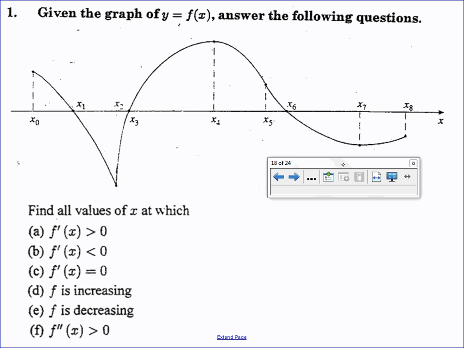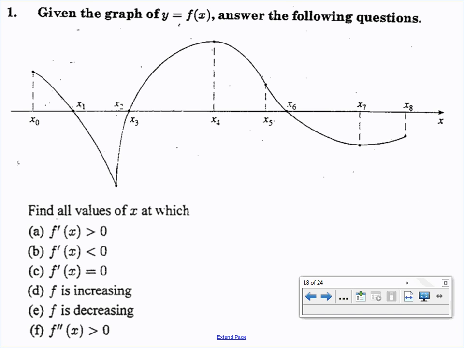All right, the last thing we're going to start, and this will be included as part of your OTL, if we're given an original graph, we can tell all kinds of things about f prime or f double prime. We just need to make sure that we're on the right rung of our ladder. So as we consider this picture number 1, in number 1, we're given a picture of y equals f. And so we can tell all kinds of things about f prime and f double prime based on our original picture.